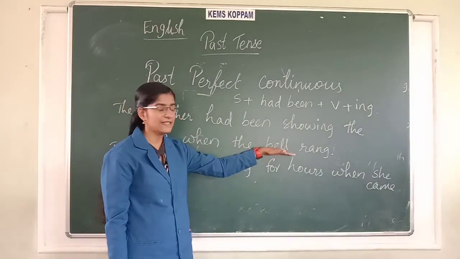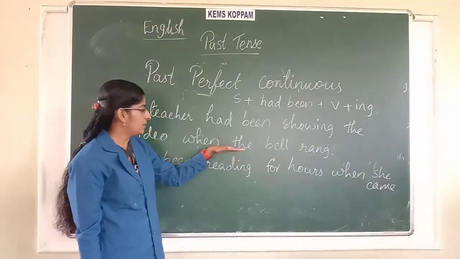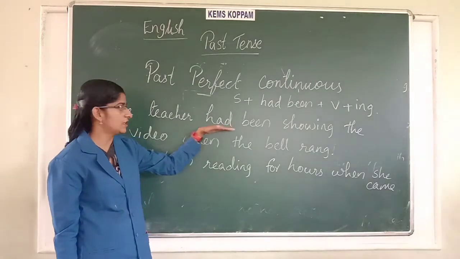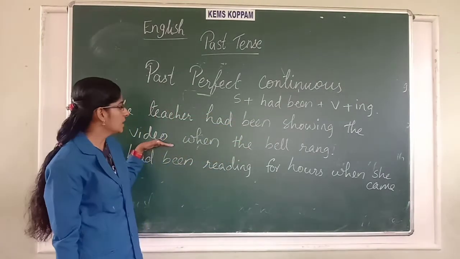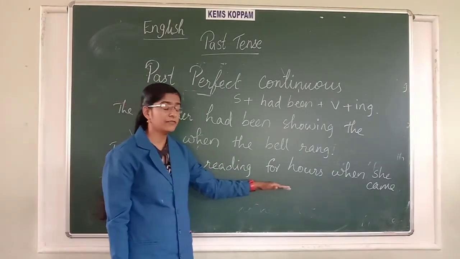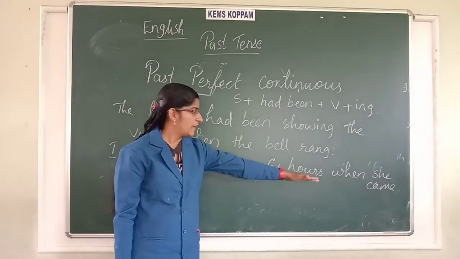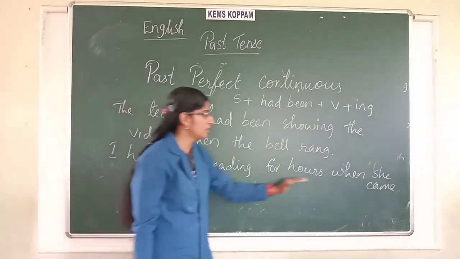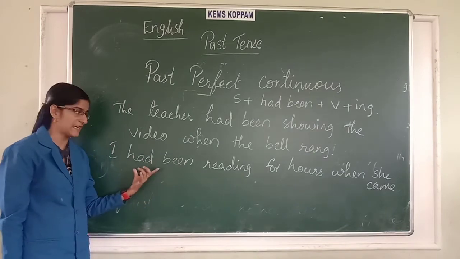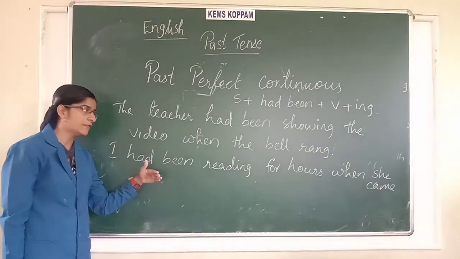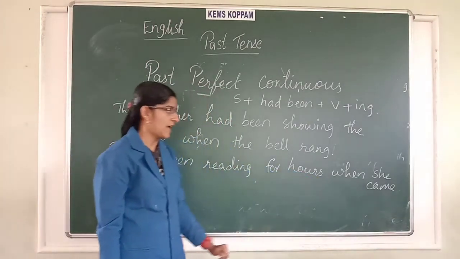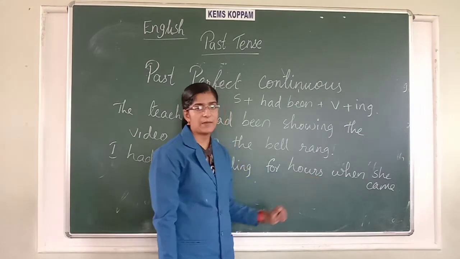Up to the bell ringing, the teacher was showing the video. Then I had been reading for hours when she came. So up to this action it was continuing. It started in the past, continued for some time before another action happened.